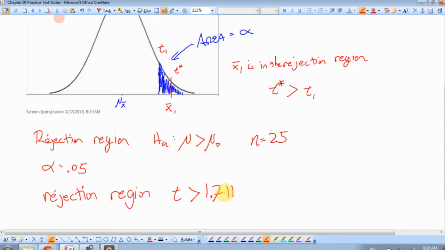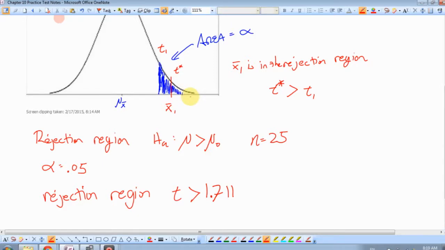If my x bar gave me a t greater than 1.711, then the area here has to be less than 0.05, because the blue area here would be 0.05.